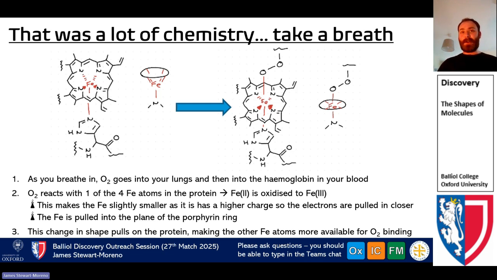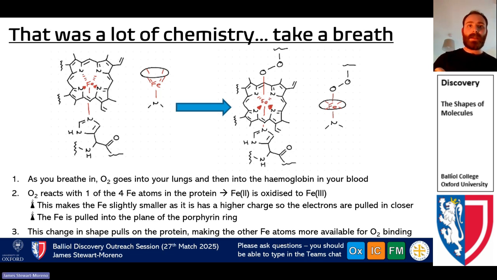As you breathe in, the oxygen goes into your lungs, and then into the hemoglobin in your blood. It looks a little bit like that. The O2 will react with one of the iron centers in your hemoglobin, turning from iron 2 to iron 3. That introduces a change of shape. The iron actually becomes smaller, and so it can go up and fit into this pocket of the nitrogens.